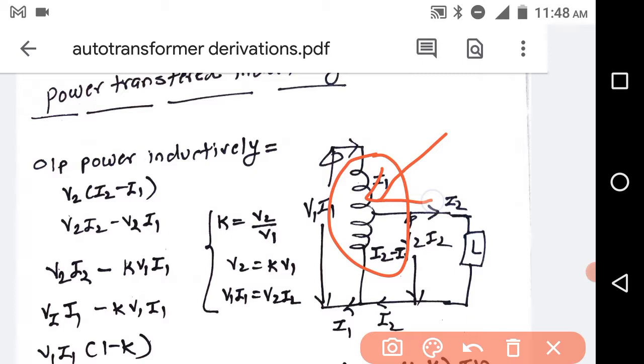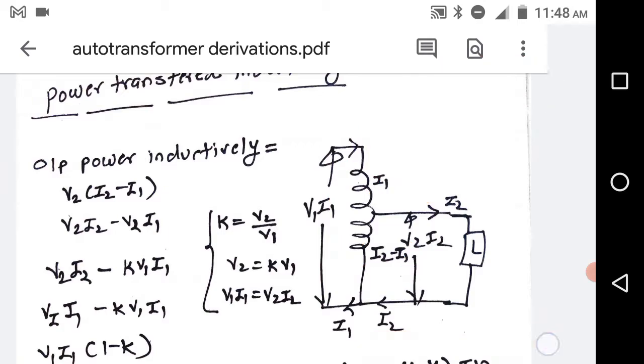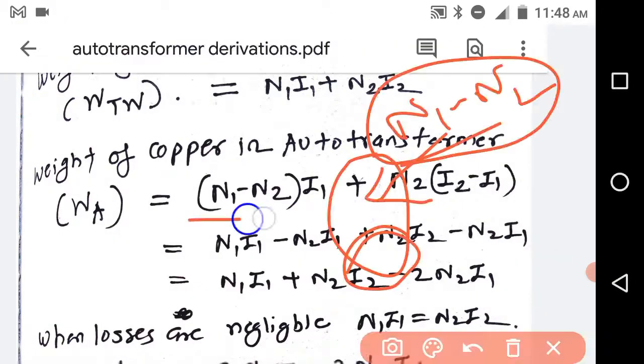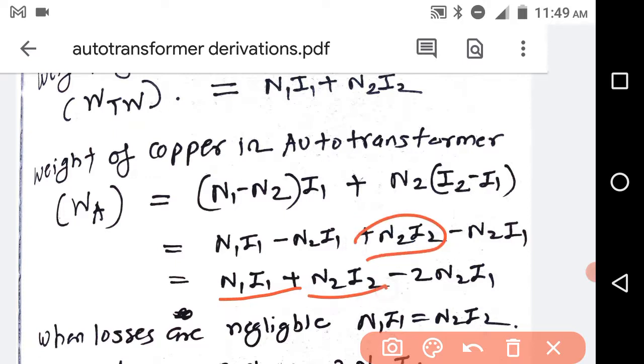In this part the total winding is N1 minus N2, so (N1 minus N2) into I1. Here the winding is N2 and current is I2 minus I1. So if you solve it, N1 I1 minus N2 I1, N2 I2 minus N2 I1, then N1 I1 plus N2 I2 is taken here.